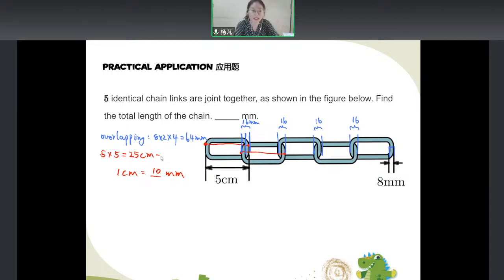All right. Now that means 25 centimeter, 25 times 10 equals how many millimeter? 250 millimeter. So this time, the total length should be 250. But now, the total length of these 4 overlapping parts is 64. So the last step, use 250 minus 64.